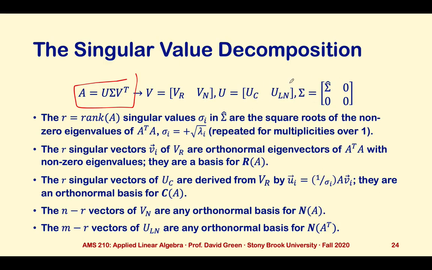The singular values are the square roots of the non-zero eigenvalues of this matrix, where we do have to take care that if we have multiplicities of more than one, we repeat them just as we do in a diagonalization of a matrix.